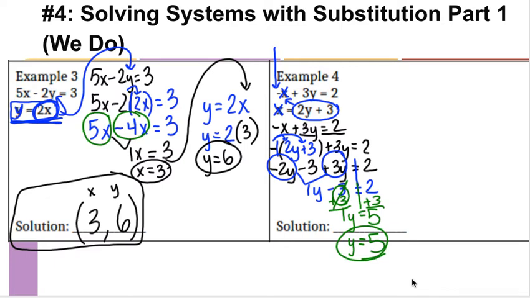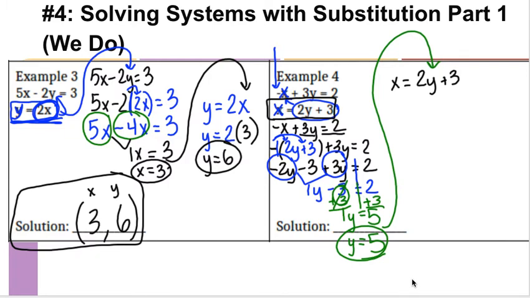Okay, so now that I figured out one variable, just like my process tells me, I'm going to substitute it in to be able to figure out the other variable. So this one with x by itself might be a little bit easier to substitute in, so I'm going to write x is equal to 2y plus 3. But again, instead of this y, I'm going to write 5.